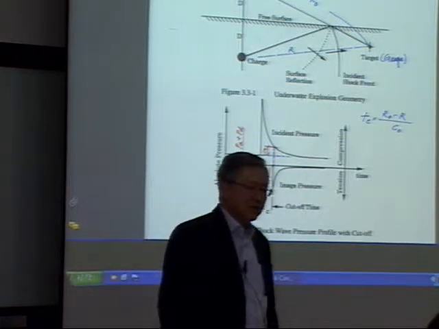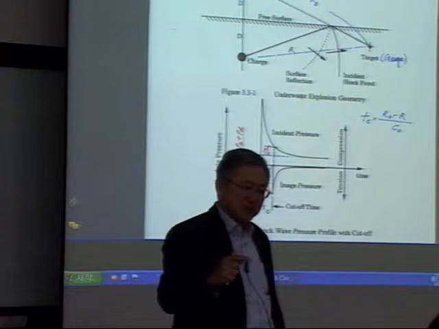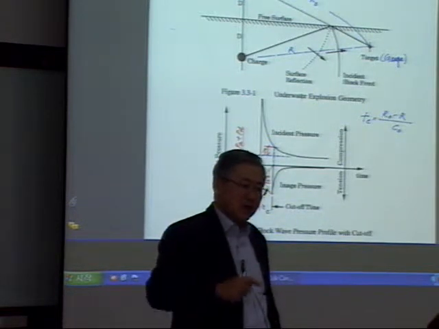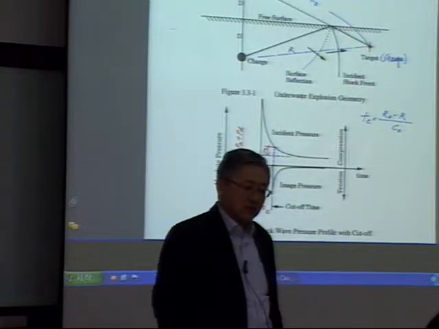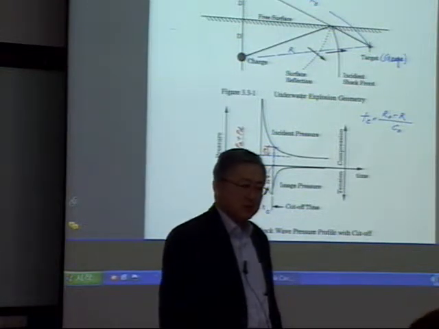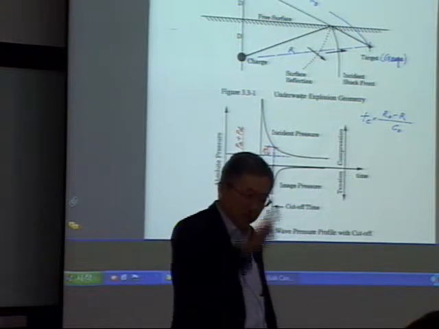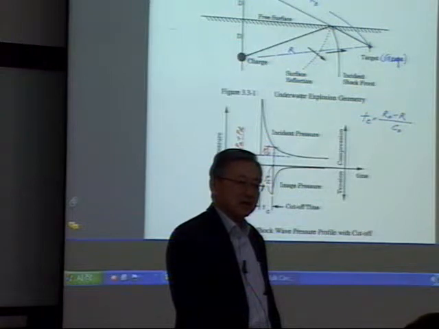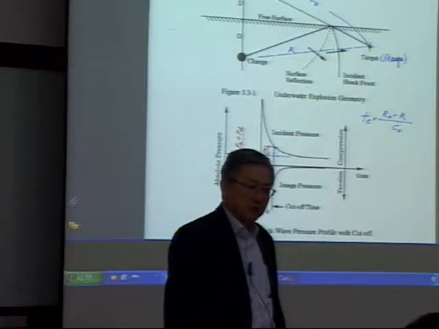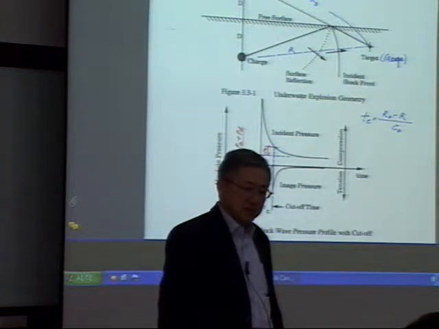I don't follow you. If the target is near the free surface, it could have the bulk cavitation. If it's deep in the water, it never has a bulk cavitation because the hydrostatic pressure is already pretty high, so cavitation may not occur.